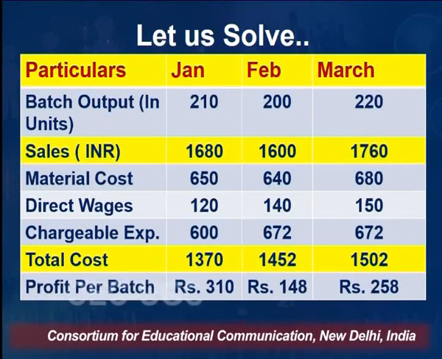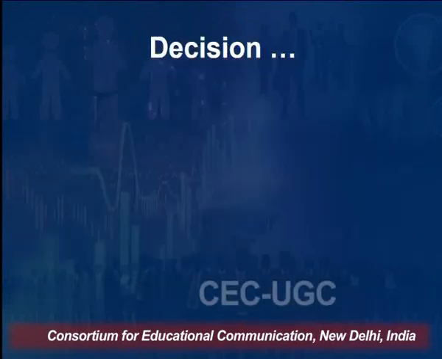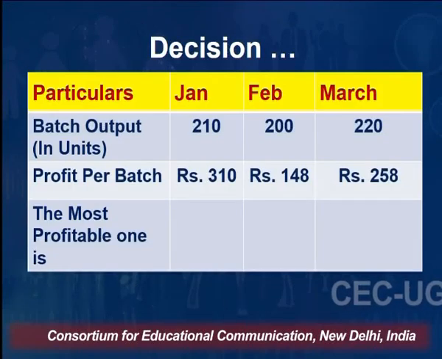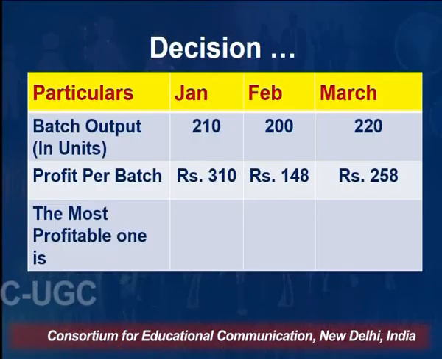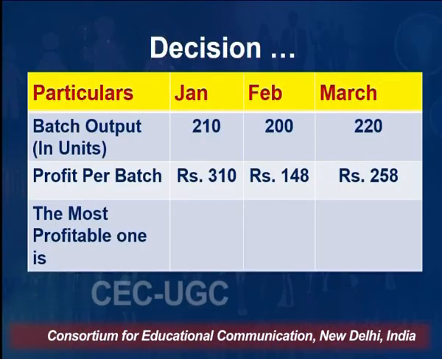Now coming to the decision making point, what should be my decision? Which one is more profitable? If I ask you whether the most profitable one is January or February or March, it is very clear that in the month of January your profit per batch is 310, in February it is 148, and in the month of March 258.